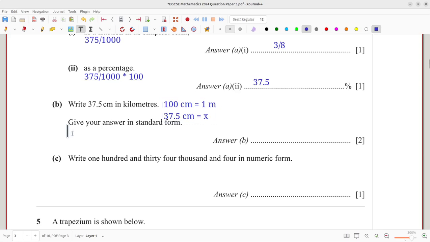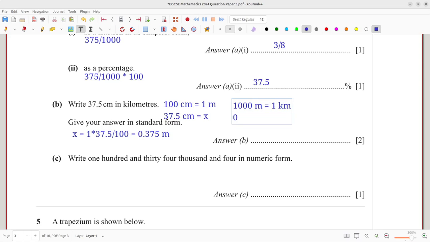You are going to get that your x is equals to 1 multiplied by 37.5 divided by 100. And this is going to give you 0.375 meters. Then from meters to kilometers, what do we know? We know that 1,000 meters is equals to 1 kilometer.